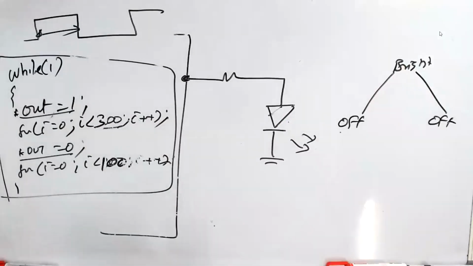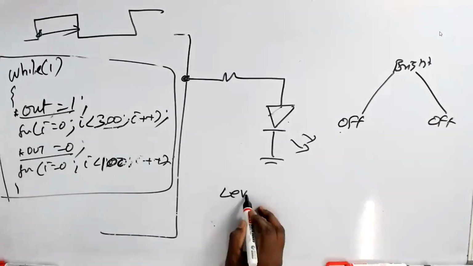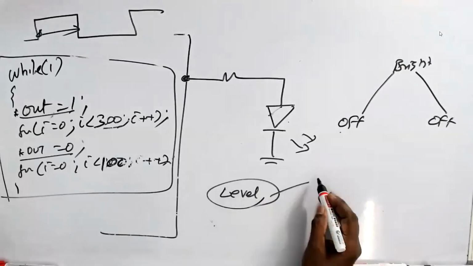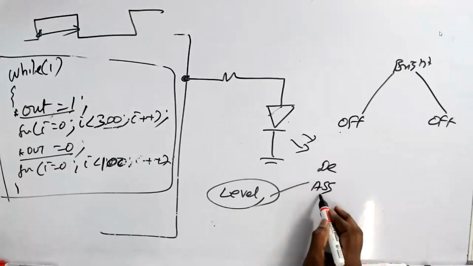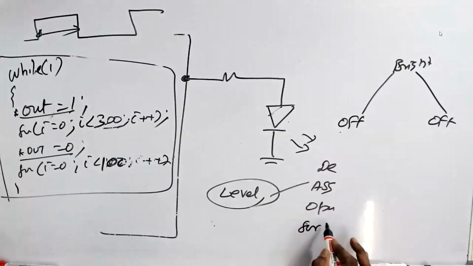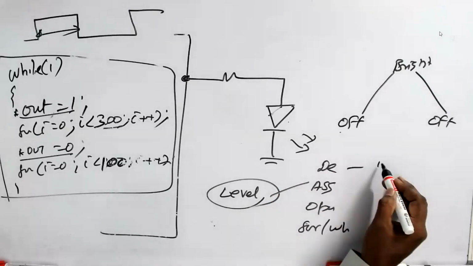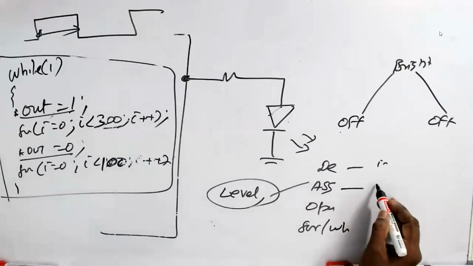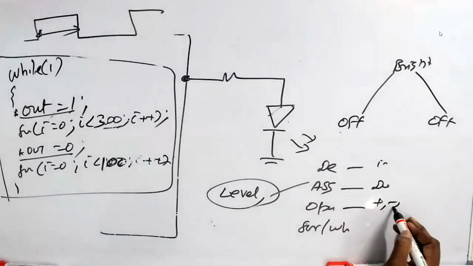Only level 1, that is declaration, assignment, operators, and for and while loops. For declaration, we used int, and for assignment we used decimal values, and for operators we used addition, subtraction, multiplication, division, and modulus, and for and while loops.